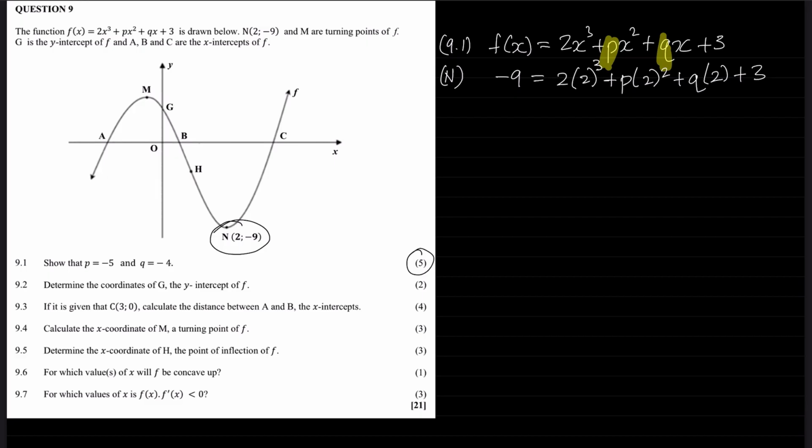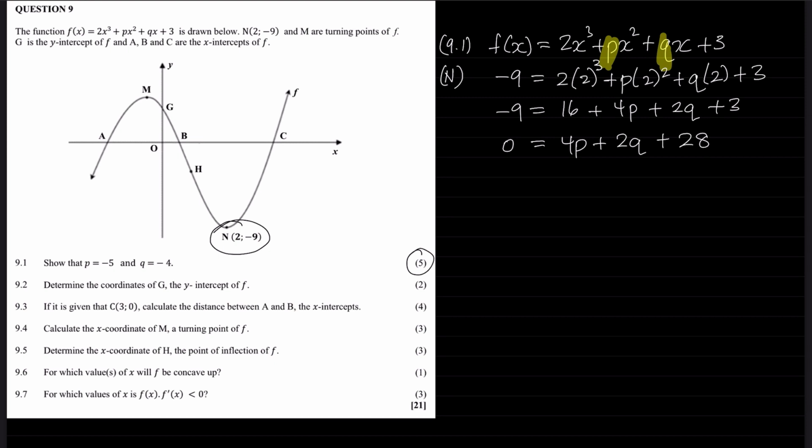Now we simplify. -9 is equal to 16 plus 4p plus 2q plus 3. Now I'm going to equate everything to 0. So 0 is equal to 4p plus 2q plus 28.